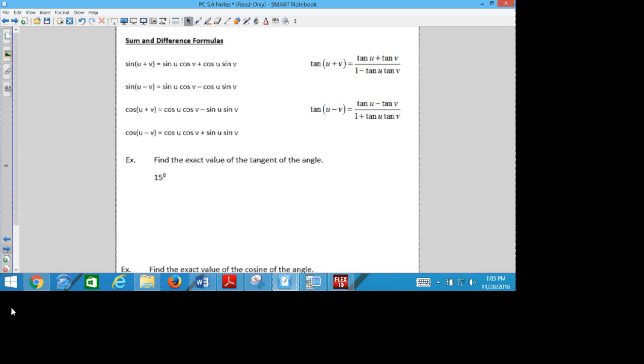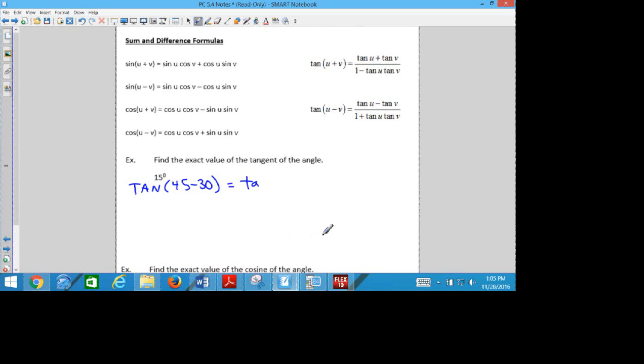So if we write this as tangent of 45 minus 30, then we can use that formula and we will know all the answers because we know tangent of 45 and tangent of 30.